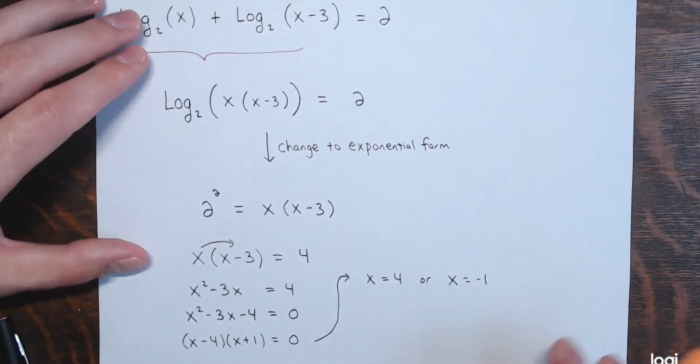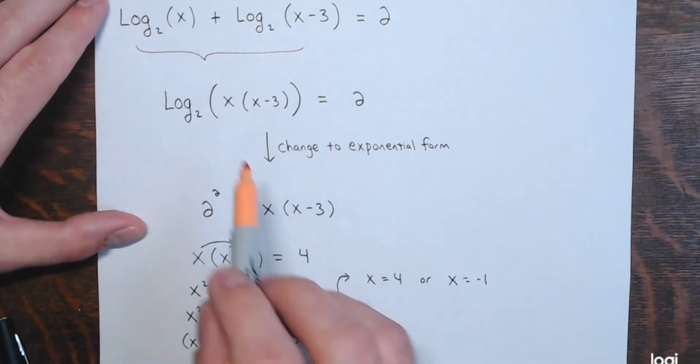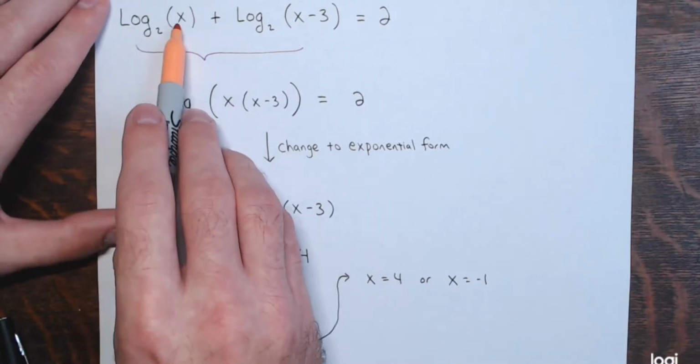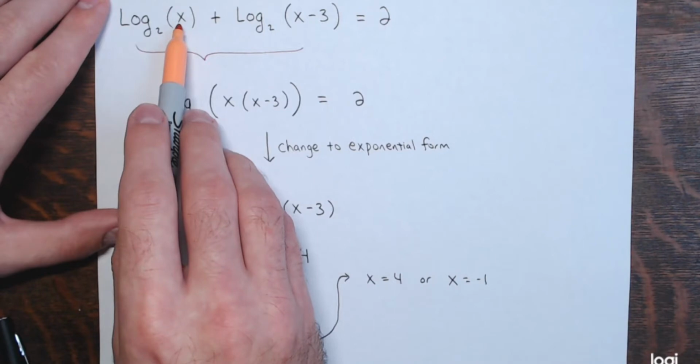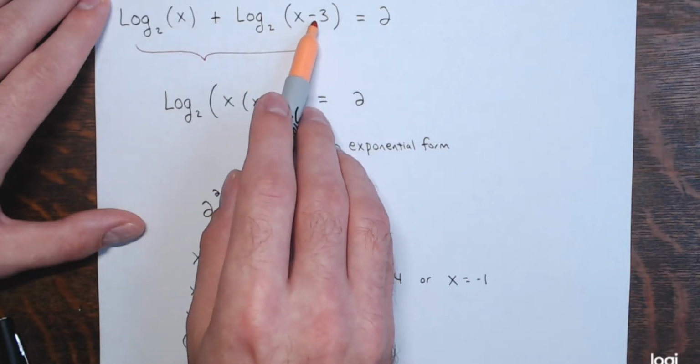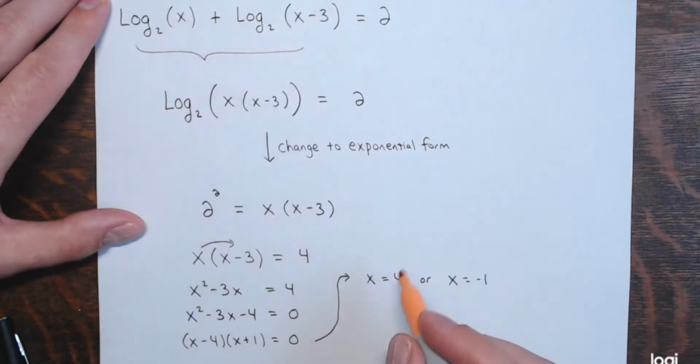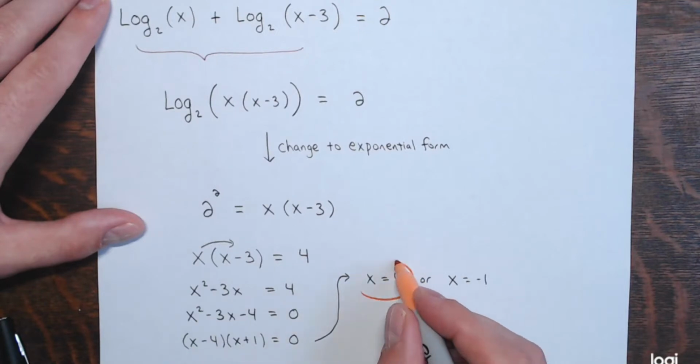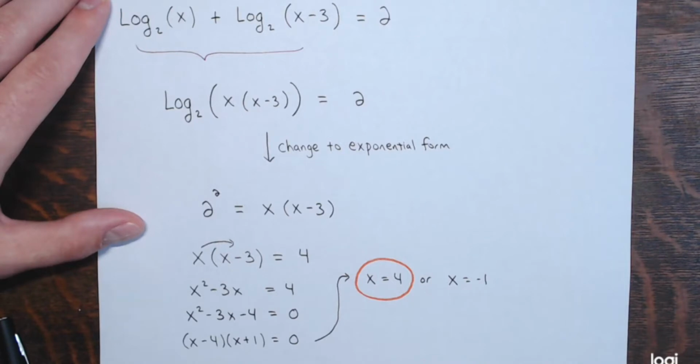So if x was positive 4, we'd have the log base 2 of 4, which is okay to do. As long as the number inside the logarithm is a positive number, you're fine. And then over here, when x is 4, log base 2 of 1, totally good. So both of those are good. X equals 4 should be a valid solution, and you can test it with a calculator if you wish.